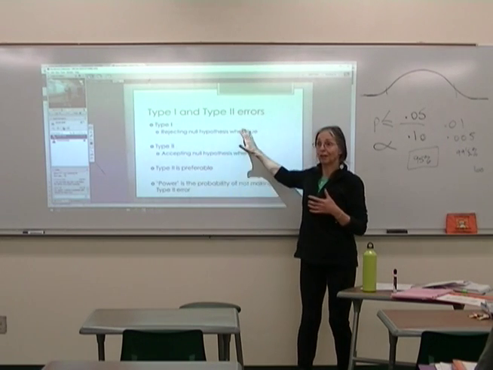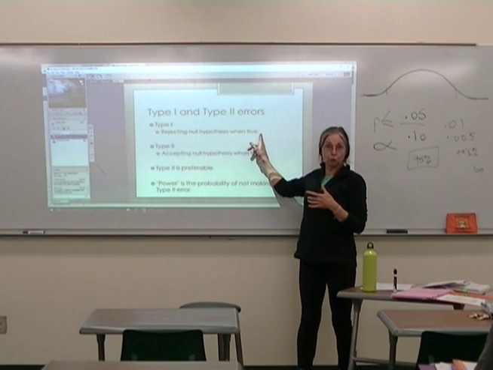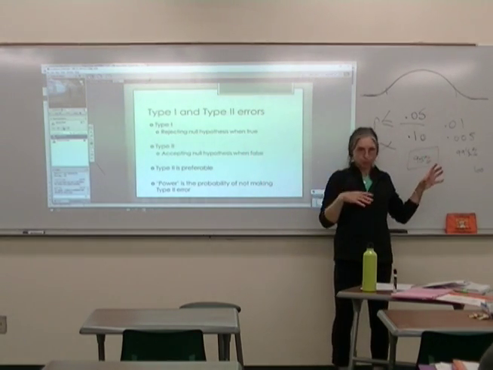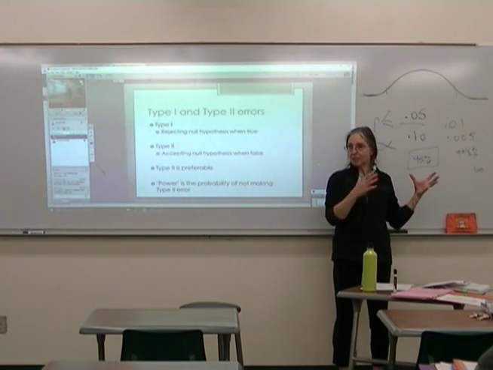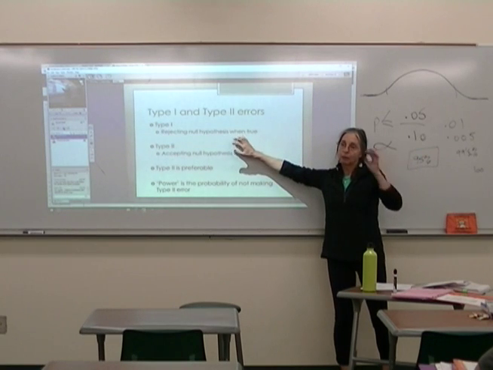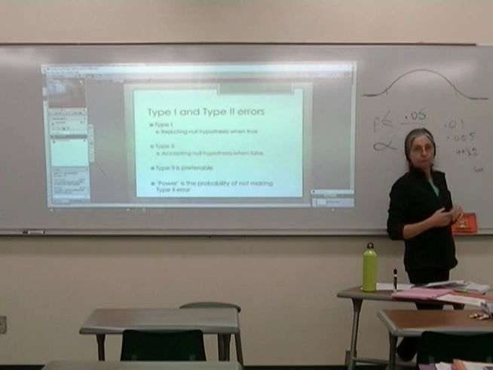That's bad because if I'm rejecting something that is true, then that means my results are garbage, right? Because I'm telling everybody my results are important and they're not because there was no difference, right?